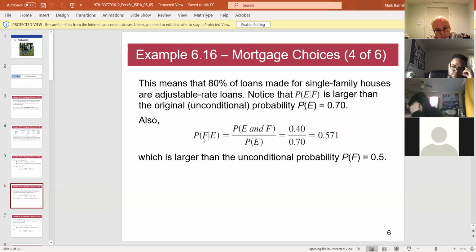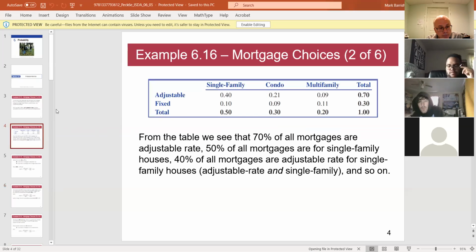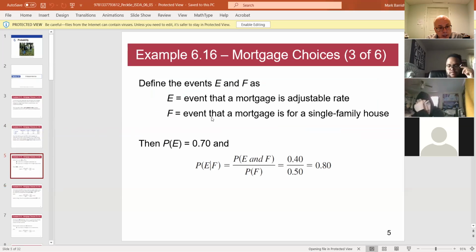Let's look at these again. What's E again? E again is adjustable rate. So the probability that a mortgage is for a single family house will change based on the information that it's adjustable rate. And that's exactly what happened.